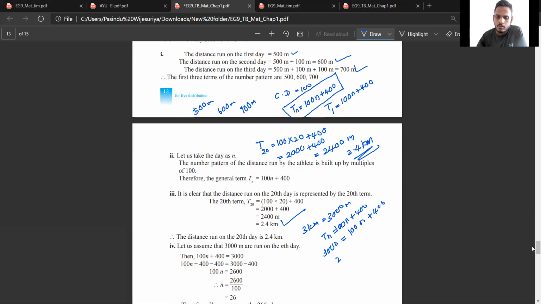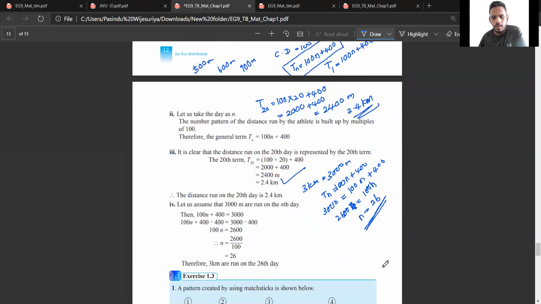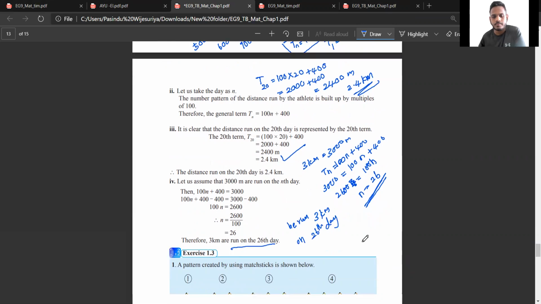Then 2600 equals 100n, sorry, 2600 equals 100n. Then n equals 26. That means he runs 3 km on the 26th day. That is what they have mentioned here as well.